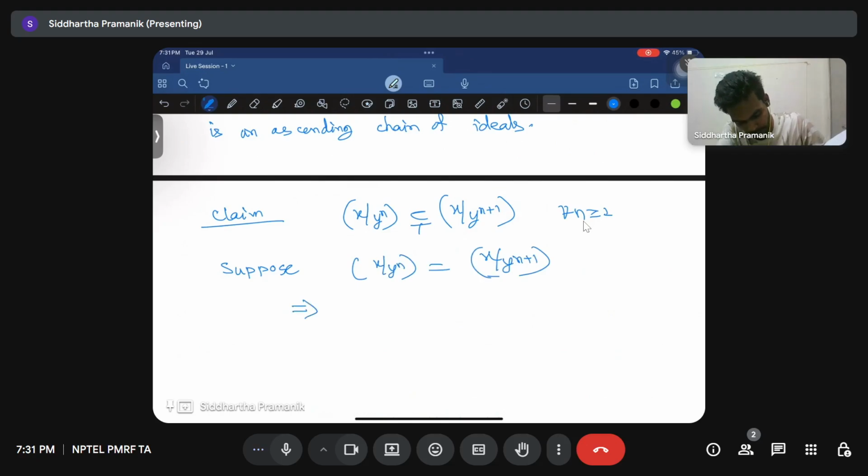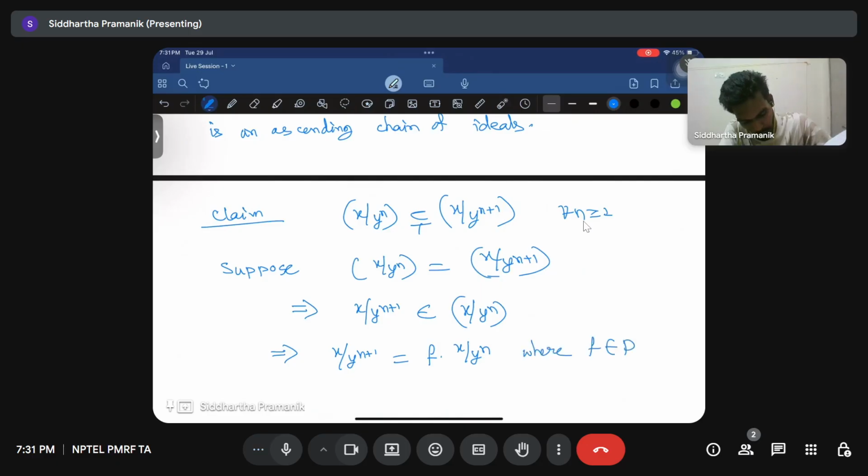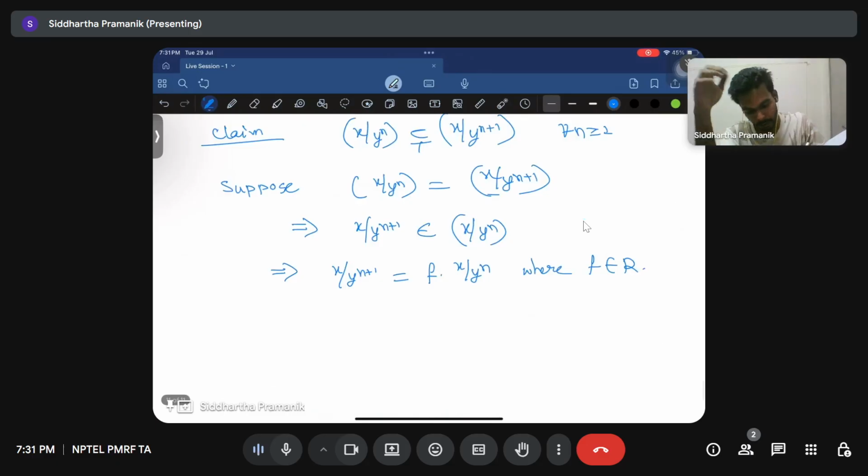That will imply x/yⁿ⁺¹ belongs to the ideal (x/yⁿ). So x/yⁿ⁺¹ equals f times x/yⁿ, where f belongs to the ring R. Now we multiply by yⁿ⁺¹ on both sides. Then we get x equals f times x y.